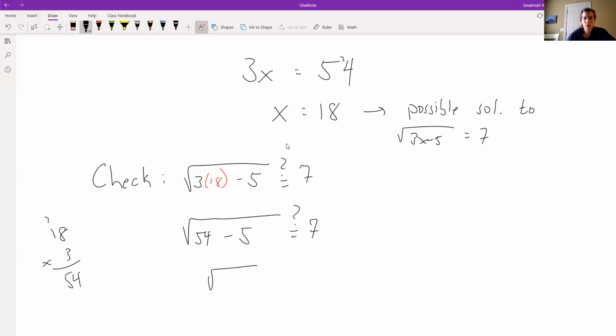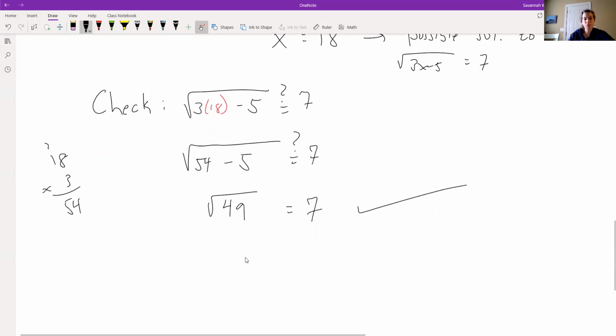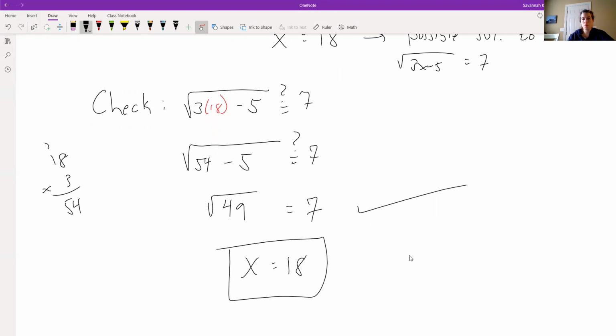Did I do one? Oh, because I can't count. That is 100% right. This is correct. That is a truth. The square root of 49 does equal 7, so the check comes out. My brain was just spazzing out. Okay, so that checks out. So that means x equals 18 is not only a possible solution, it is the solution. Or you could do this, like you'll see the book doing.